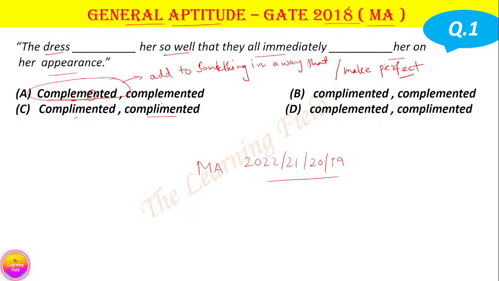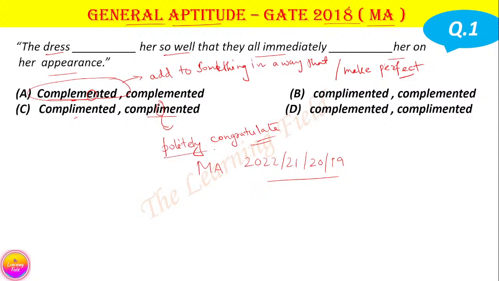Now the word spelled with an I, compliment, means to politely congratulate or praise for something.